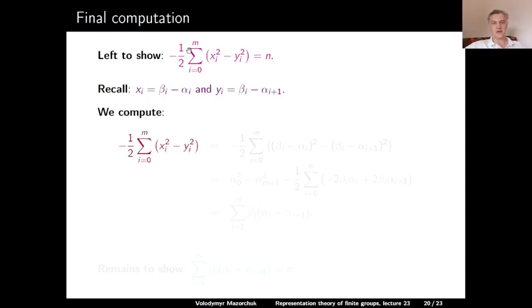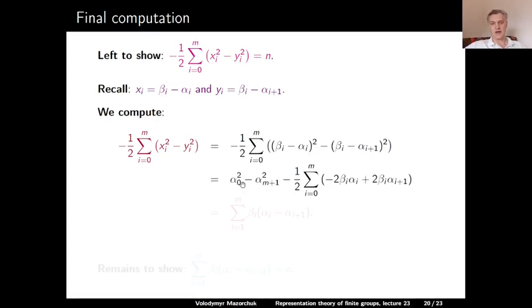We start with this expression, plug in the values of xi and yi, so we get this expression. And then here, when we open the square brackets, we will have that beta i squares, they all cancel. And the only non-canceling alphas will be alpha 0 squared and alpha m plus 1 squared. But alpha 0 is equal to alpha m plus 1, so they will also cancel each other.